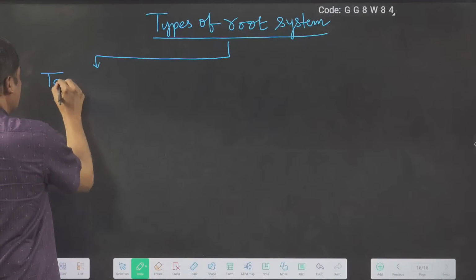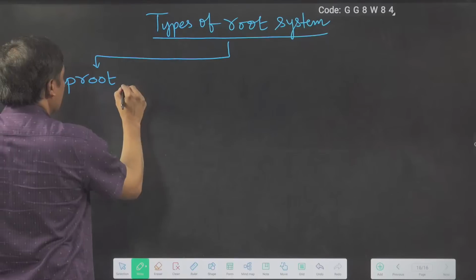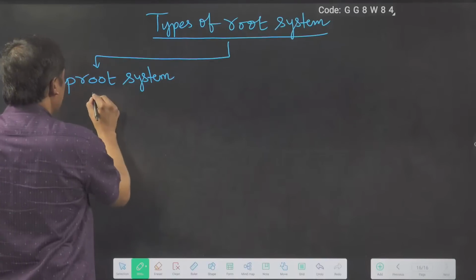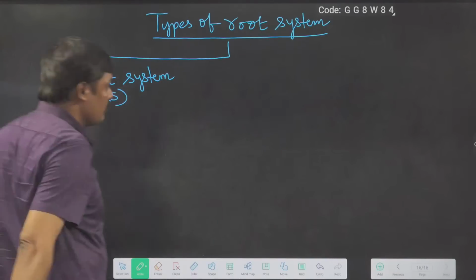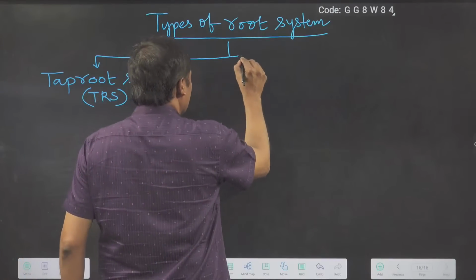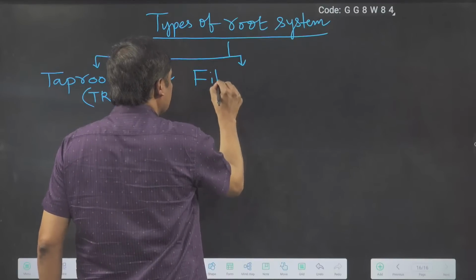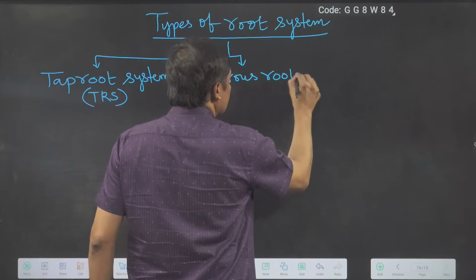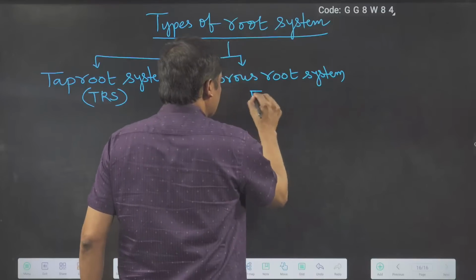Tap root system, we can say simply TRS. Then fibrous root system, FRS.